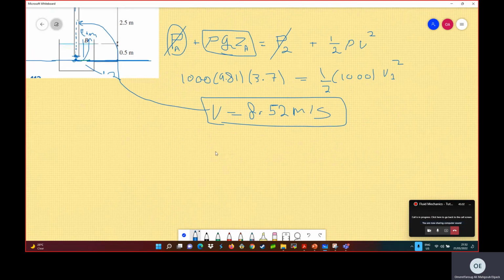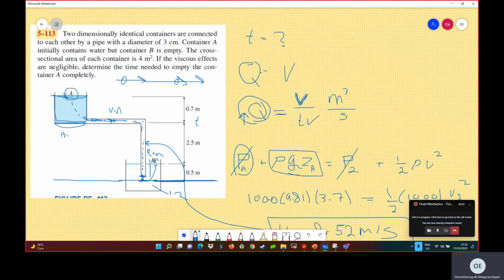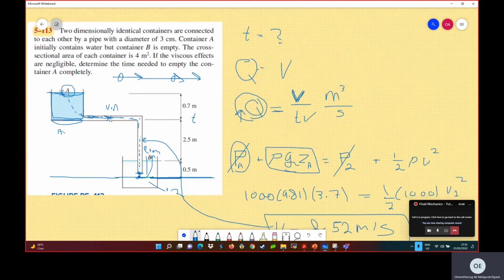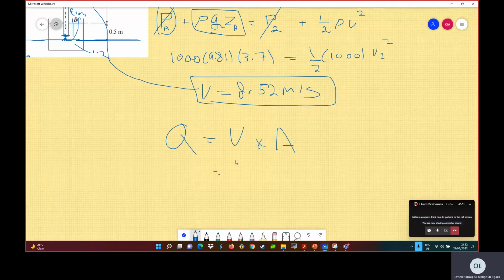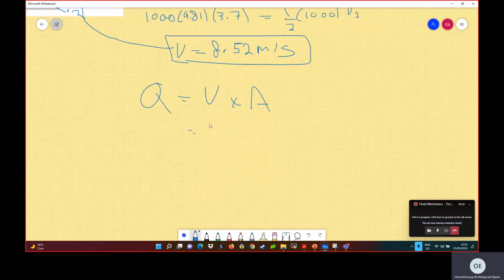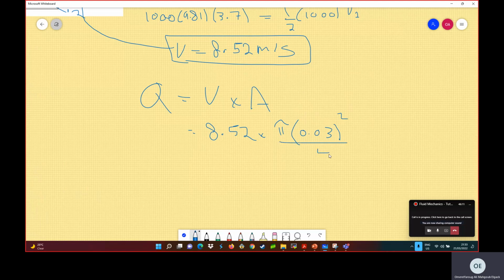Okay, now you have the velocity inside the pipe. You can find the volumetric flow rate, right? Because you are given the diameter of the pipe. So Q is equal to V multiplied by A, which is equal to, what is V? V here is 8.52 multiplied by pi, where D is 3 centimeters, which is 0.03 meter, squared, divided by 4.